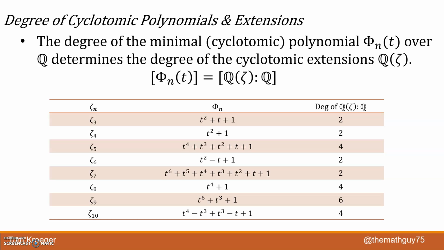For zeta 3 through zeta 10, here are the degrees of the extensions, which help us out immensely, because rather than having degree 10, we only have to worry about 4. Instead of 9, we only have to worry about 6, and so on for each one. Zeta 8, we only have to worry about 4 parts. And zeta 7 is only 2 we have to worry about. So it's interesting that you don't have to worry about the degree like that.